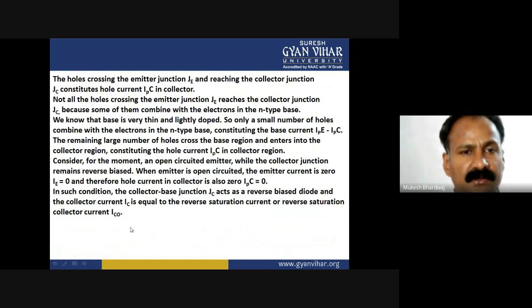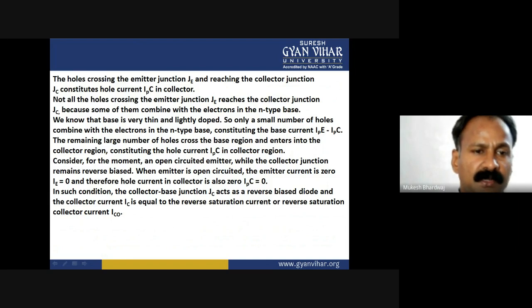So this is the diagrammatic representation, and this is the nomenclature for the various current components. Now the holes crossing the emitter junction JE and reaching the collector junction JC constitute hole current IPC in the collector. Note, not all the holes crossing the emitter junction JE reach the collector junction.